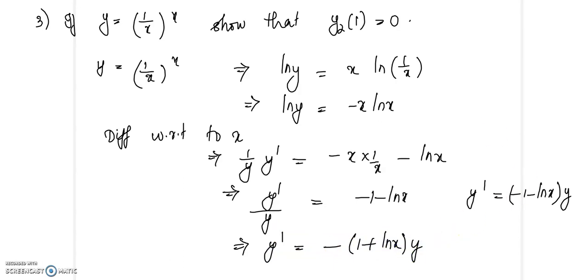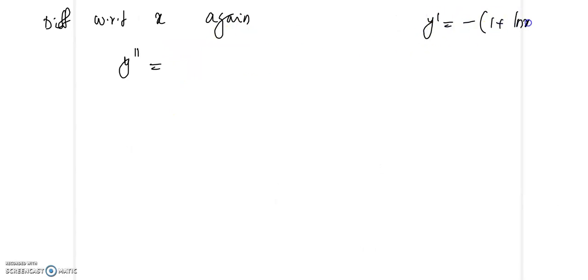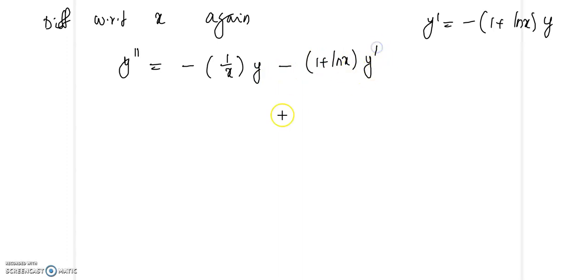Now let us differentiate this again with respect to x. So that will give us y double dash. Since y dash is minus of (1 plus ln x) into y, y double dash will be minus of (1 by x into y plus (1 plus ln x) y dash).